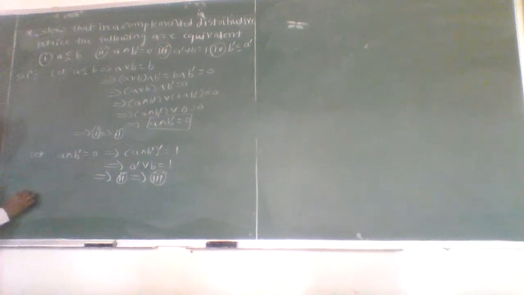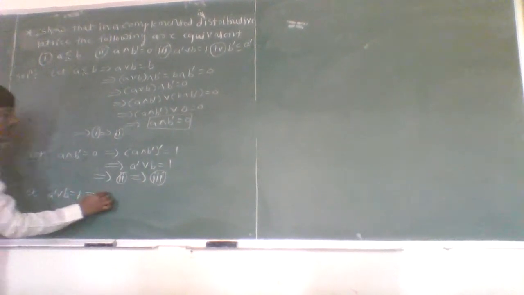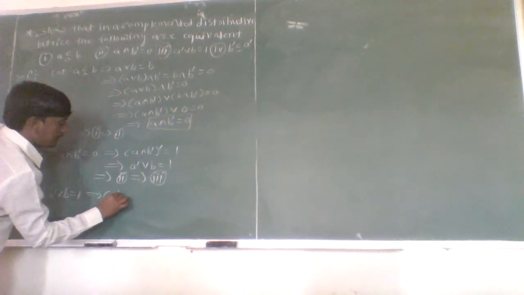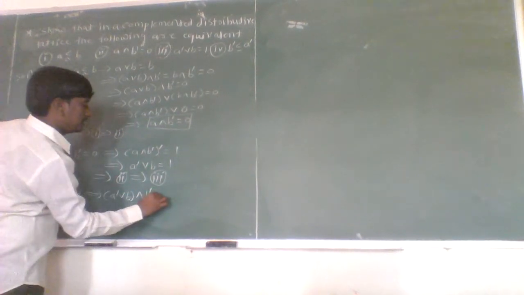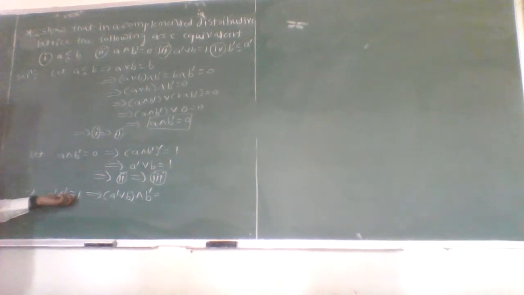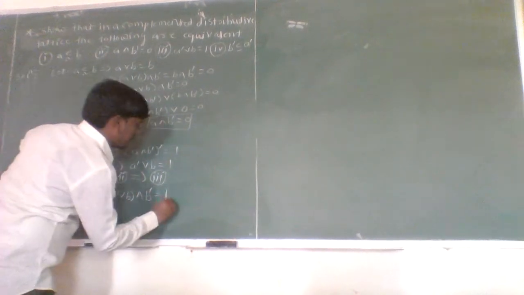Now, let us consider the third statement, that is A dash join B is equal to 1. Again, let us take (A dash join B) meet B dash is equal to 1 meet B dash, as 1 is the greatest element, 1 meet B dash is nothing but B dash.